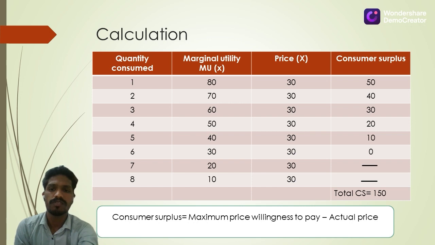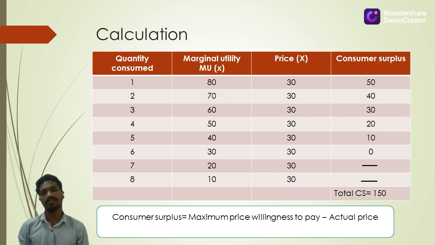At the level of the sixth unit, it will be zero, because the consumer derives a utility of 30 and is paying 30. So there is no excess of utility.